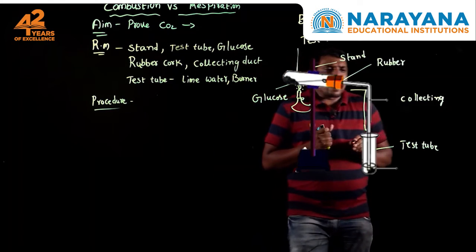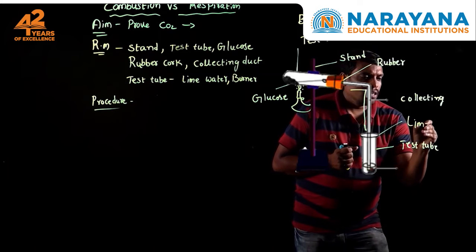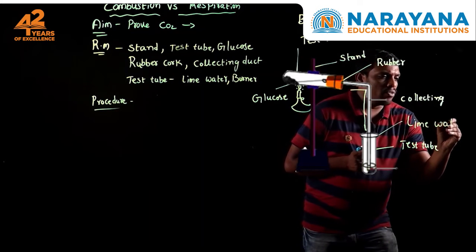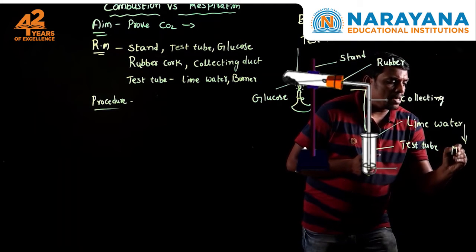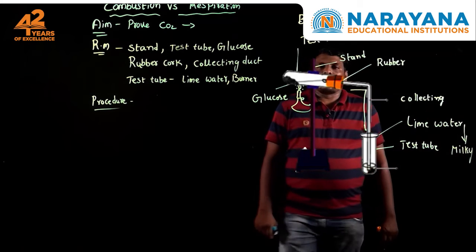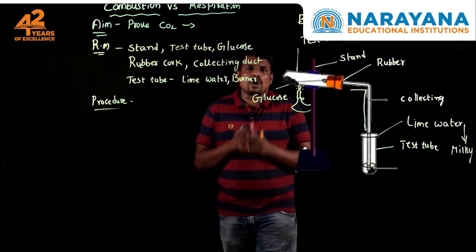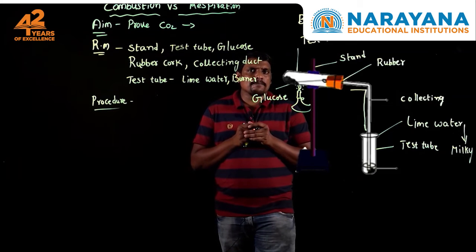Now, when the smog reacts with the lime water, the lime water turns into a milky white color precipitate.